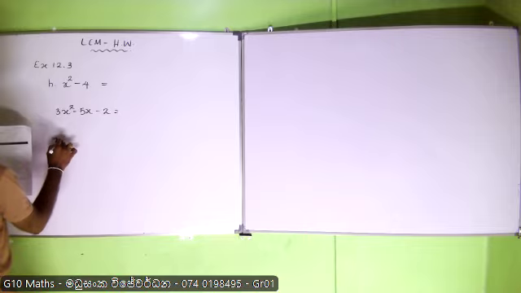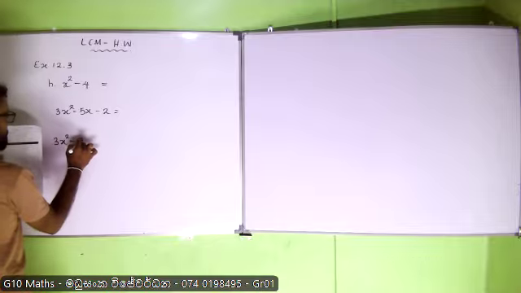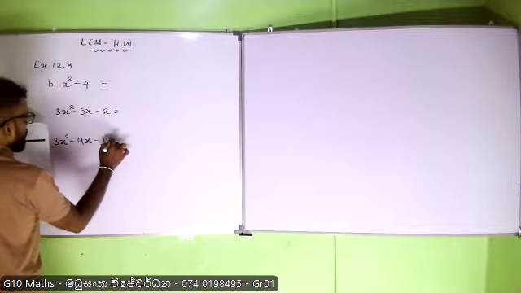And the last one is 3x squared minus 9x minus 12.